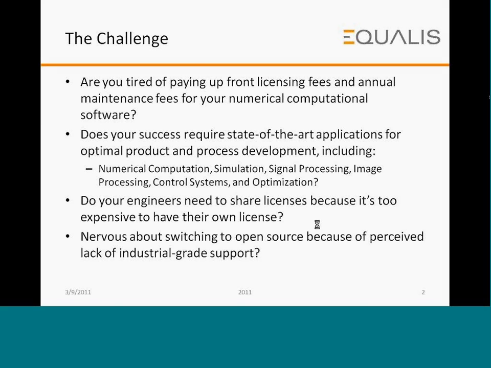And you are facing problems with sharing licenses because it's too expensive to have your own license. And you are nervous about switching to open source because of perceived lack of industrial grade support.